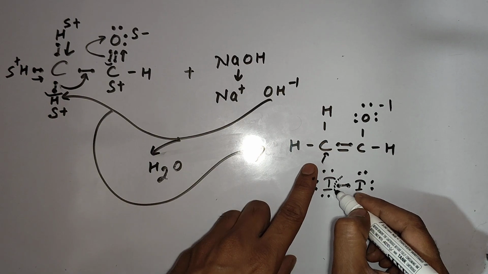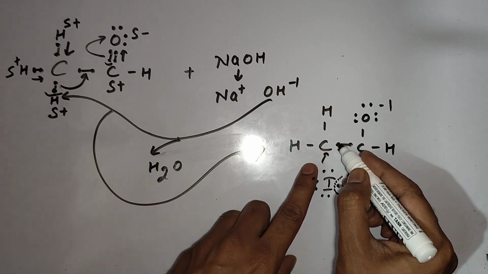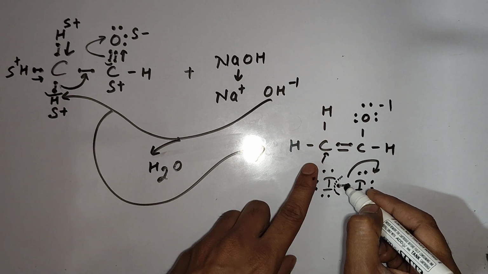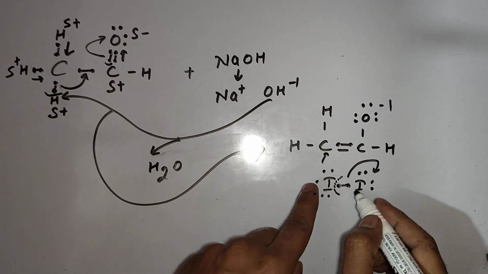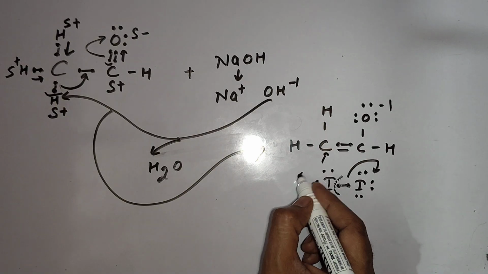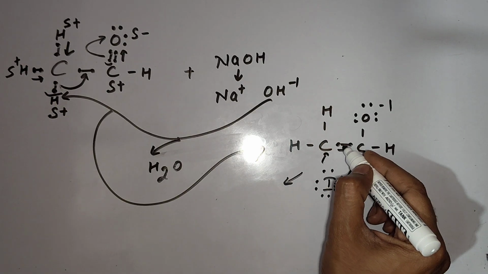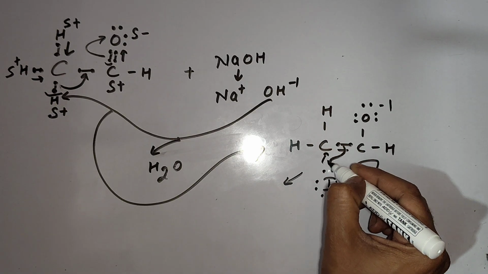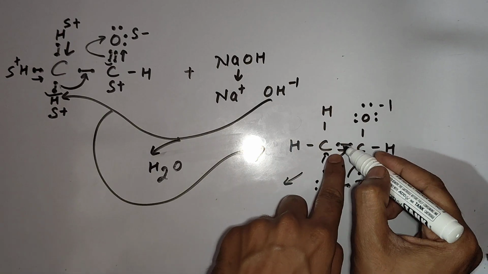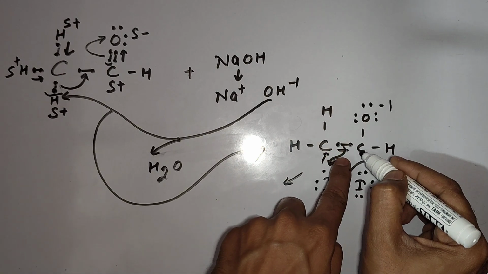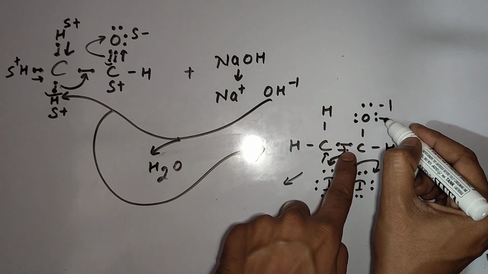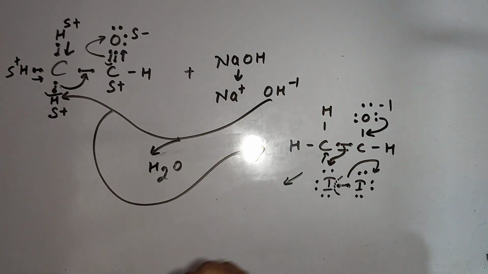How? Like this. These pi electrons will repel these electrons, due to which the bond between these iodine atoms will break, and this pi electron will make a bond with this iodine. Because these pi electrons are going toward this iodine, a vacant orbital will be generated on this carbon, which will be filled by oxygen back, like this. What will generate?